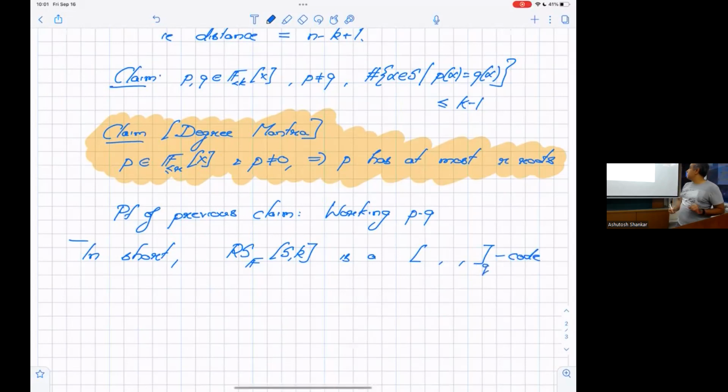The alphabet size is Q. The ambient dimension, the ambient space is N. The dimension of the code is K. That's why I chose K and the degree to be 1 above the right degree. And then minus 2.